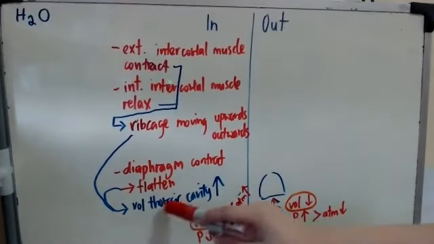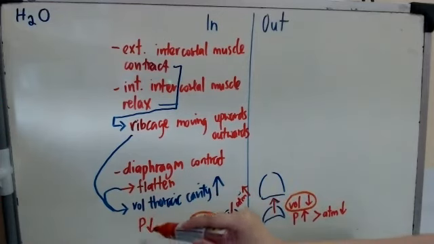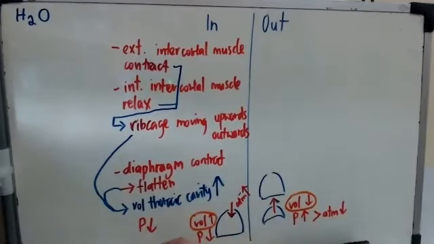When the thoracic cavity's volume increases, the pressure will decrease, and then the atmospheric pressure is higher than the thoracic cavity's pressure.